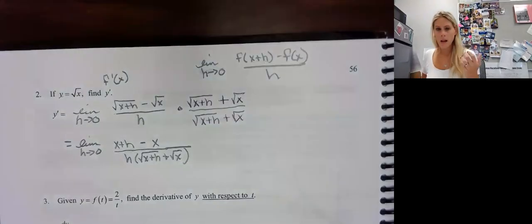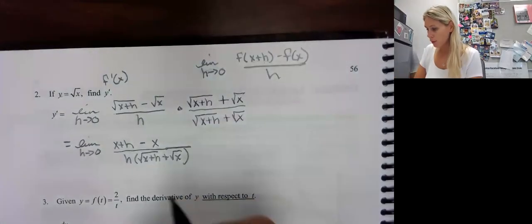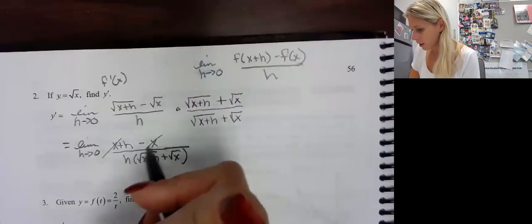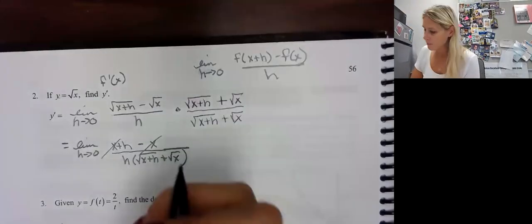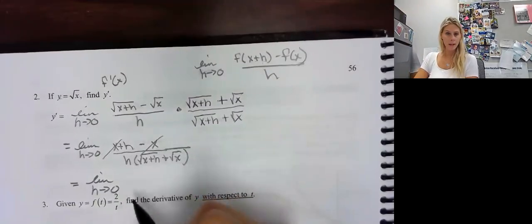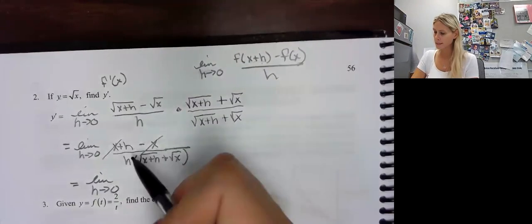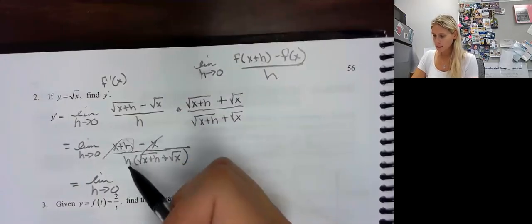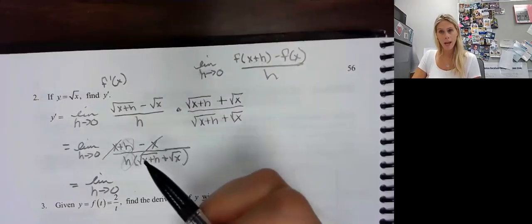All right, now what else can we do? If you look, guys, we can cancel out the x's. That's nice. And then I'm going to say limit as h approaches 0. But really here, if we have an h on top and an h on the bottom, again, what happens?